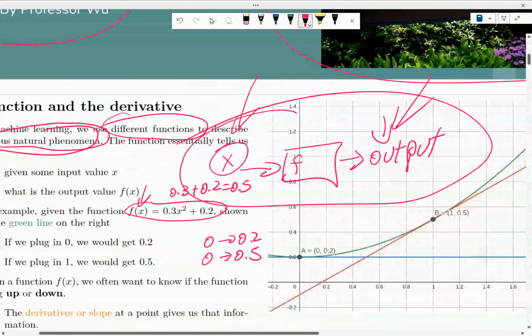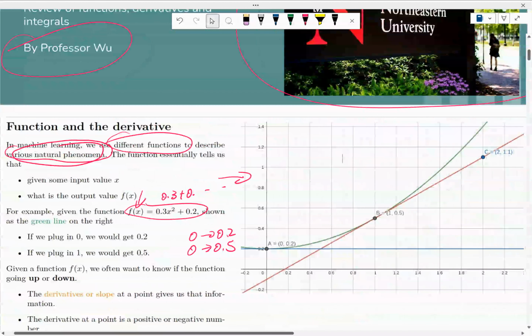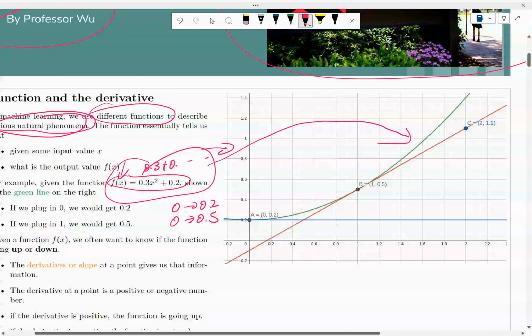Another way to visualize functions is through the usage of plots. This function here can be plotted as the green line. As we previously discussed, if we put 0 inside the function, we're going to get 0.2. If we put 1 inside the function, we're going to get 0.5, right? 1 and 0.5.